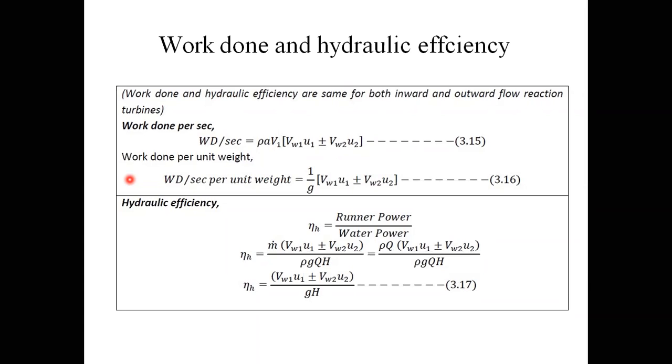Work done per second equals rho A V1 (VW1 U1 plus or minus VW2 U2).